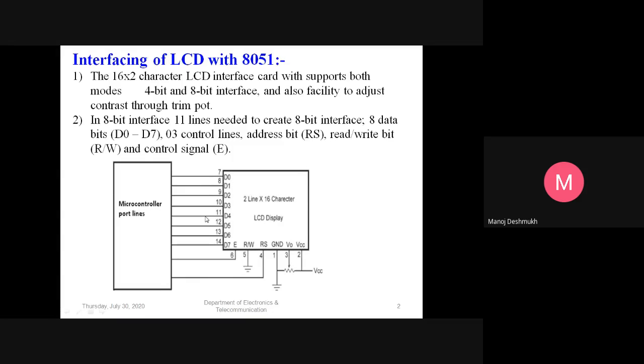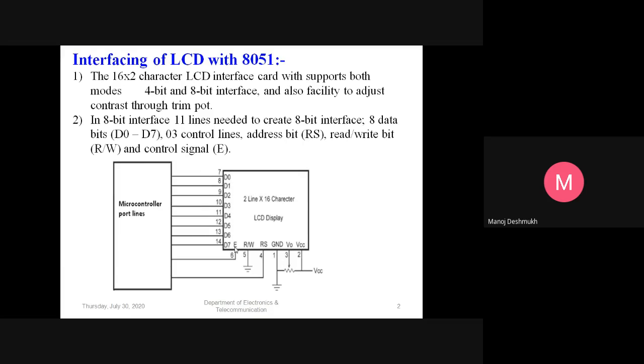Next, pin number 6 is enable. To start the operation we utilize the enable pin. When it is activated, we are able to transmit the content to the LCD. The enable pin is like a gate pin, allowing us to write the data or content on the LCD.